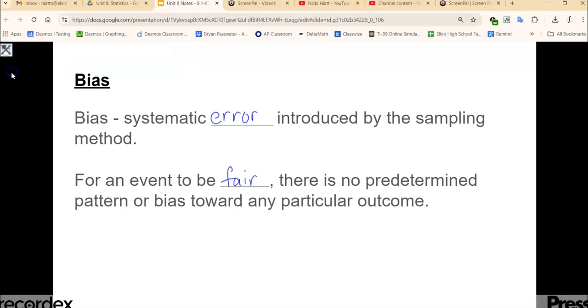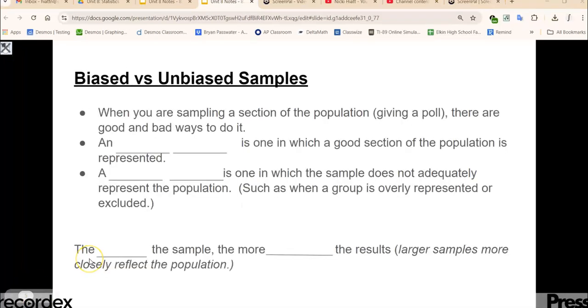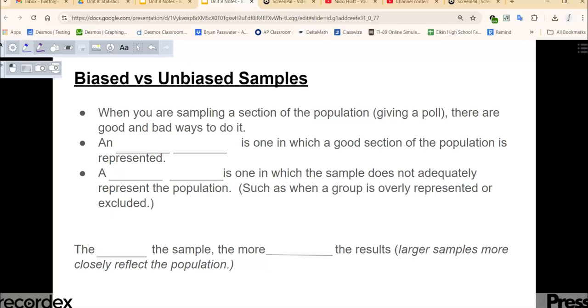So let's move on. So when you're sampling a section of the population or giving a poll, there are good and bad ways to do it. So an unbiased sample is one in which a good section of the population is represented.